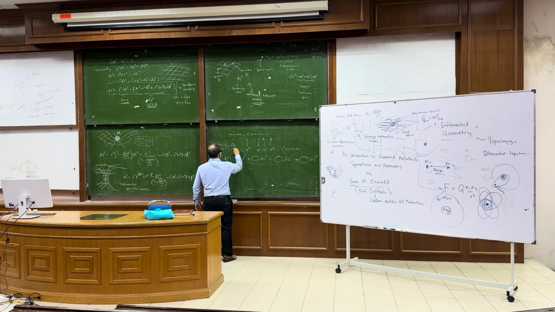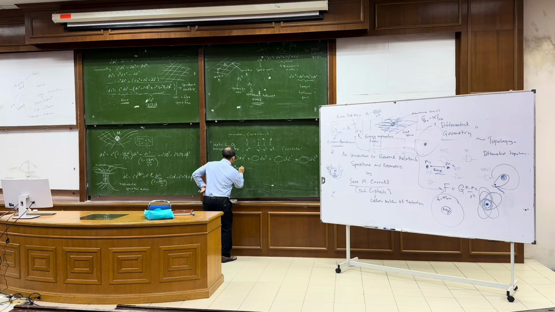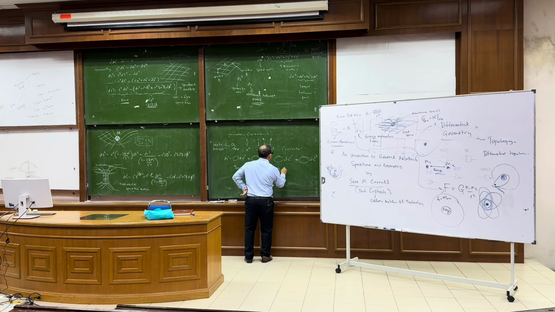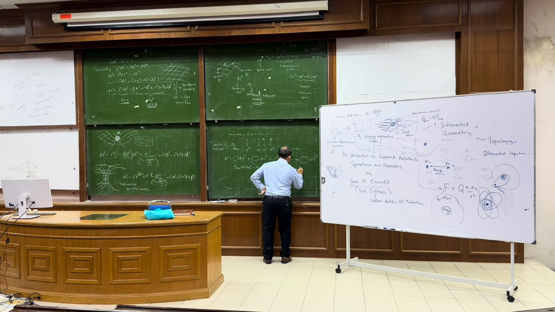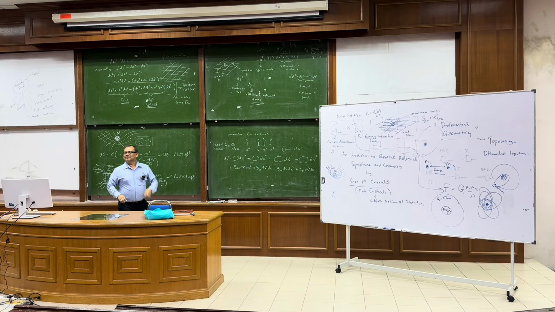G mu nu. So this is g00, which we define because it relates to time: g00 dx0 multiplied with dx0, and then g11 dx1 multiplied with dx1, plus g22 dx2 multiplied with dx2, plus g33 dx3 multiplied with dx3.